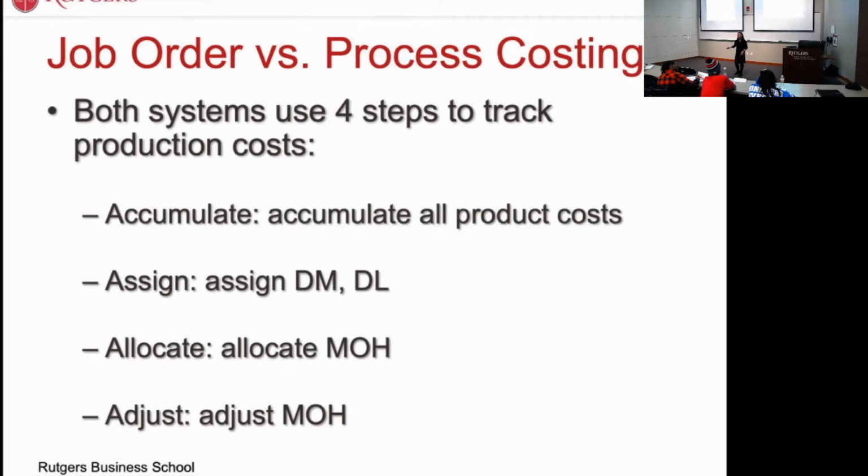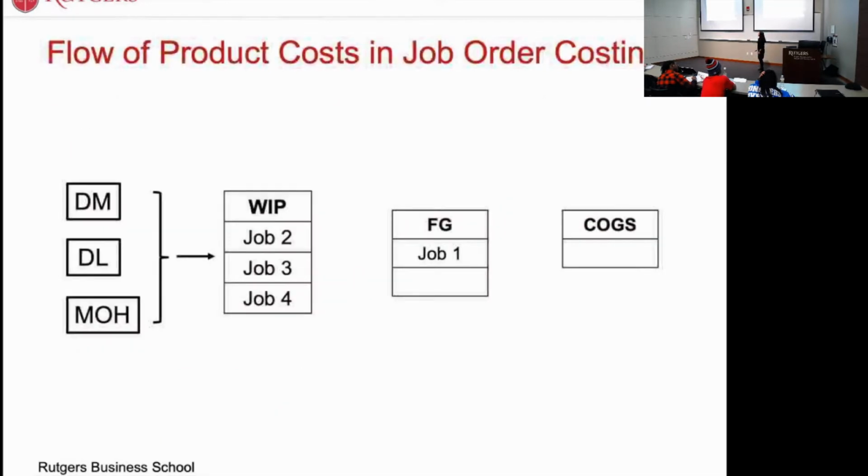For now, you don't need to remember what the 4 steps are, you just need to understand them. So now, if we are in a manufacturing firm using job order costing, which is the theme of chapter 17.